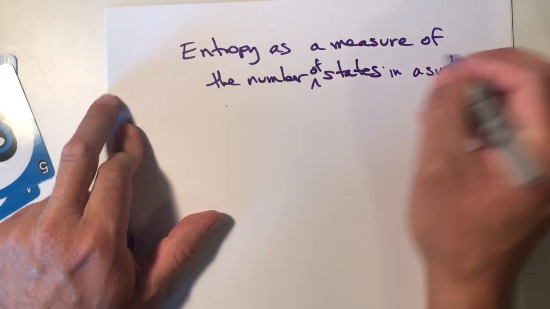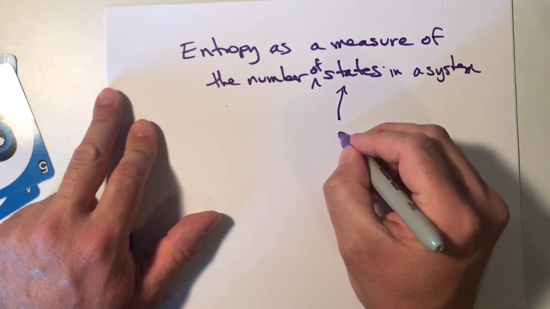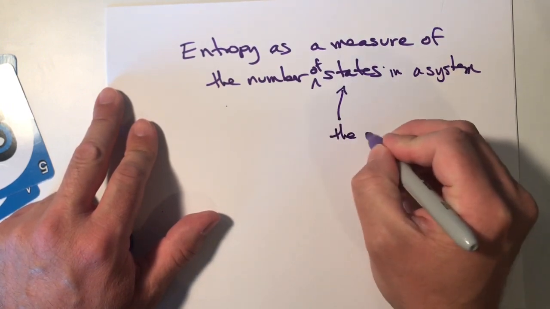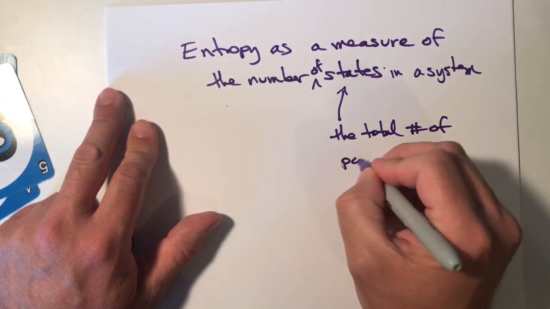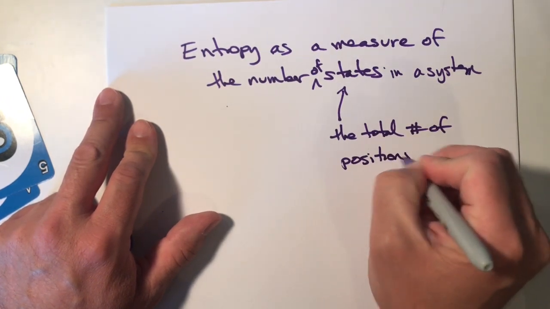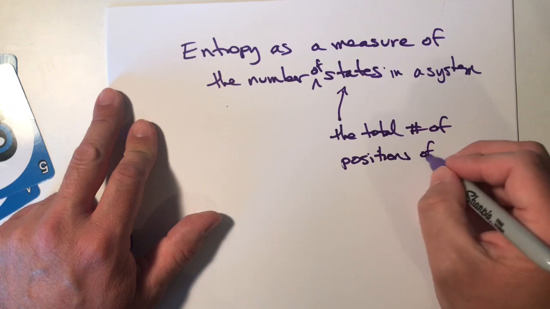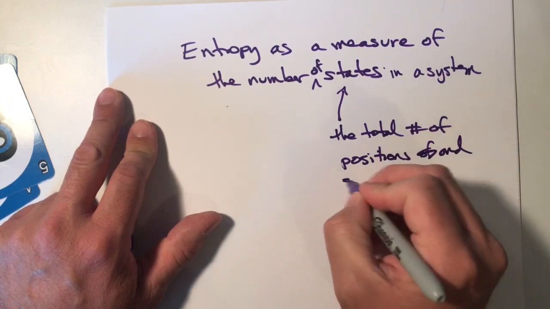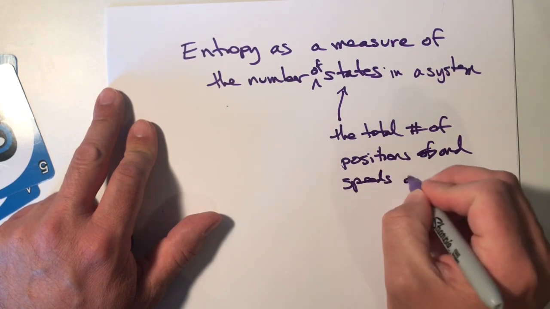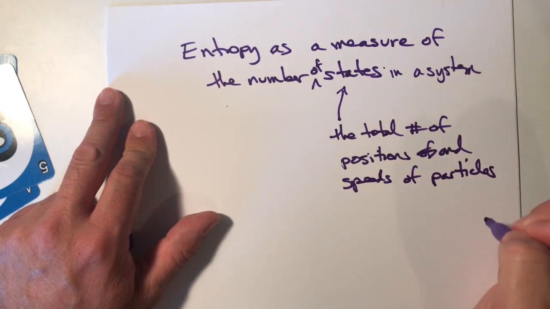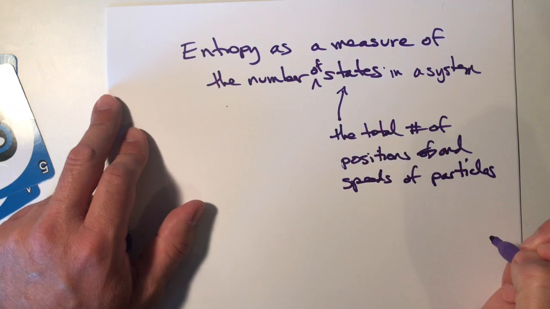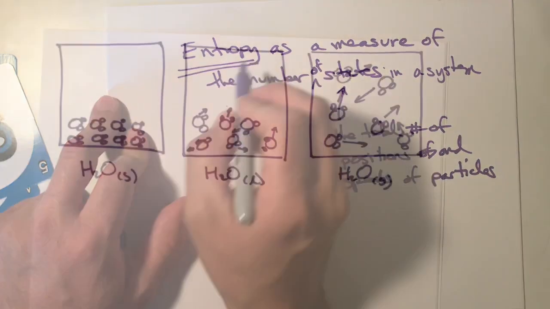In a chemical system, we're going to find the states as the total number of positions and speeds of the particles. And the more states there are, the higher this value of entropy is going to be.